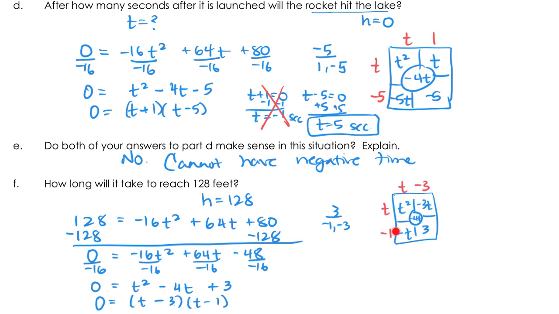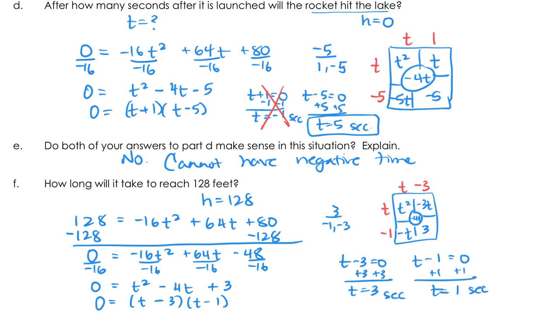So you could do the box method or guess and check, but either way, you're going to get t minus 3 and t minus 1. We would set those factors equal to 0 and then solve for t. So in one equation, we're going to add 3 to both sides, and we end up with 3 seconds. The other equation, we're going to add 1 to both sides, and we end up with 1 second.